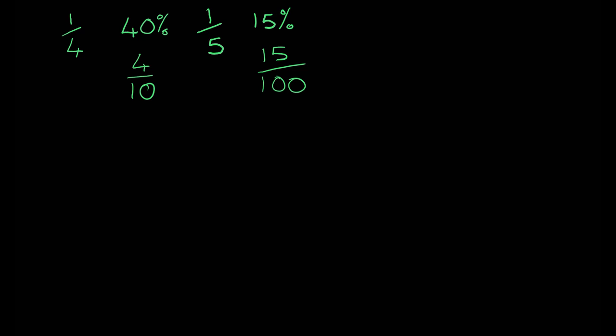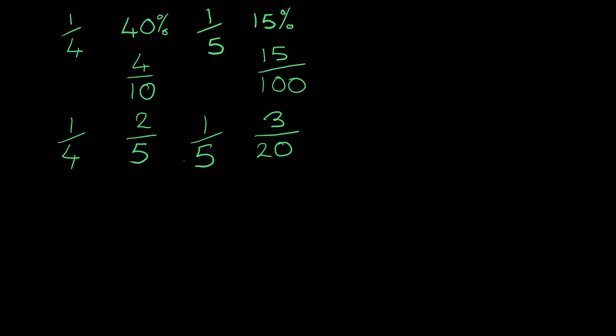So 4 over 10 is actually 2/5, and 15 out of 100, if we divide by 5, is going to be 3 over 20. So we've got 1/4, 2/5, 1/5, and 3/20.